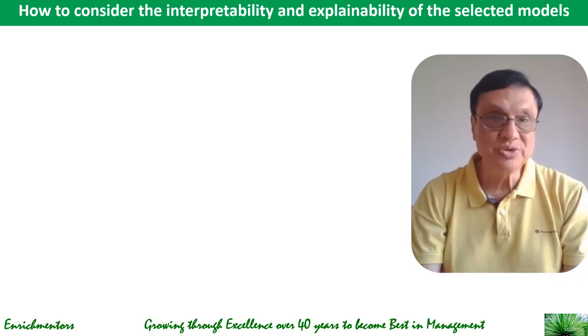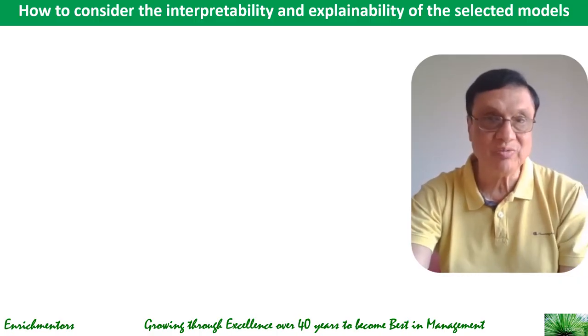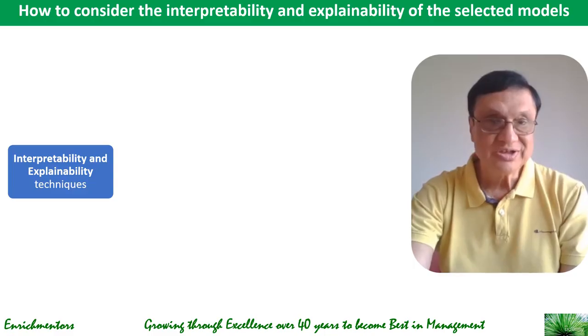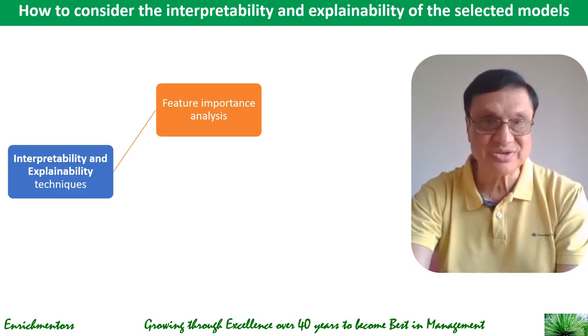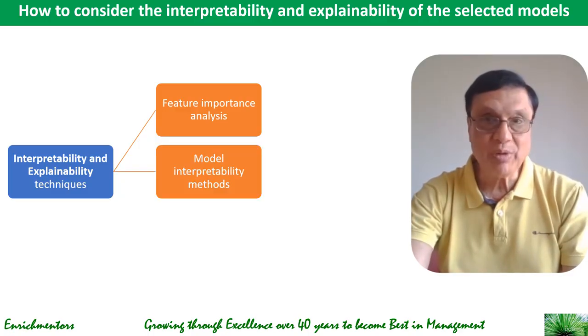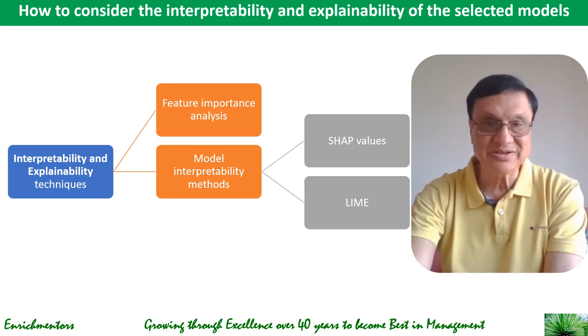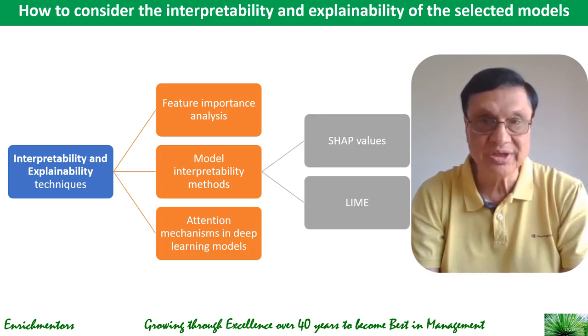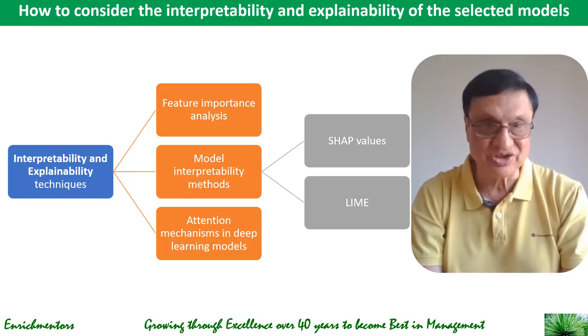Now you can use various techniques. Now what are the various techniques? So you can look at feature importance analysis as one set of techniques, and we will talk about that. Then there are model interpretability methods like SHAP value and LIME, and there are attention mechanisms that you can use in deep learning models to provide insights into model predictions, right?